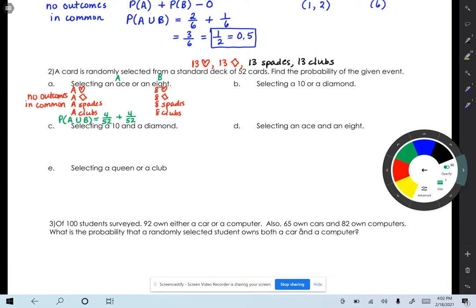Adding those together, you get 8 out of 52, which I reduce to 2/13. And I'm not going to bother with a decimal, but it is about 0.154, so 15.4%.